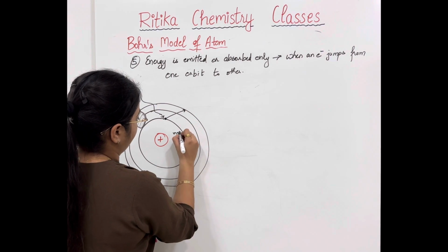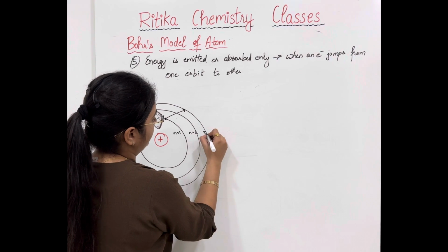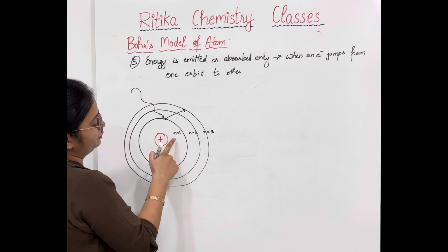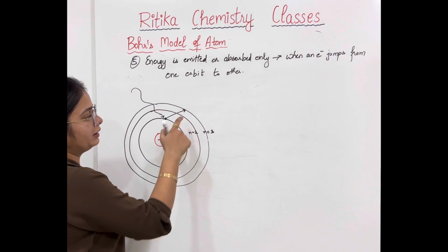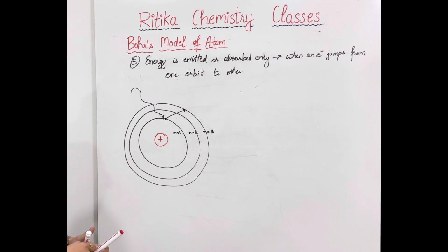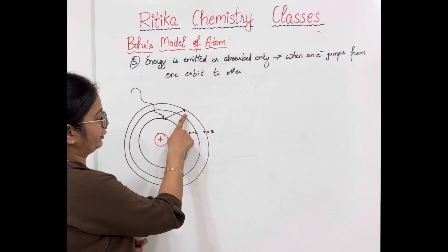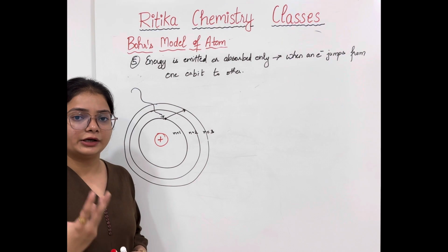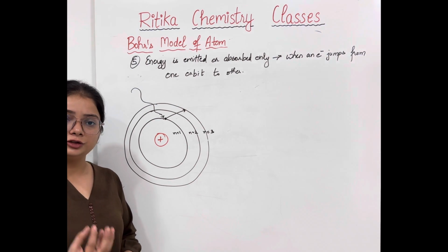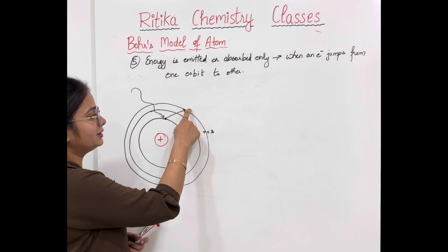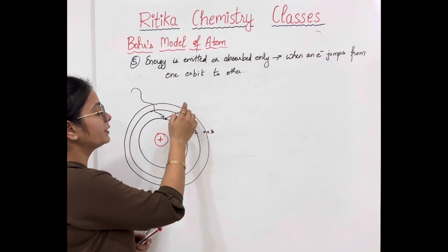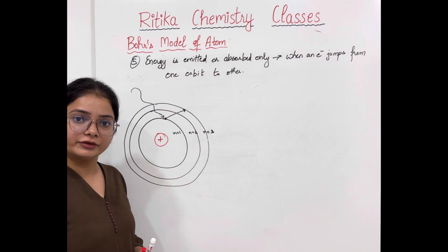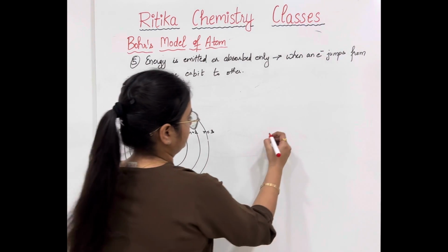This is energy level 1, energy level 2, energy level 3. So the electron will jump from, let's suppose, n equals 1 to n equals 3. And this state of electron is known as excited state. And as you know, the lifetime of an electron in an excited state is very short. So the electron in this excited state will come back to the ground state by emitting energy in the form of radiation.